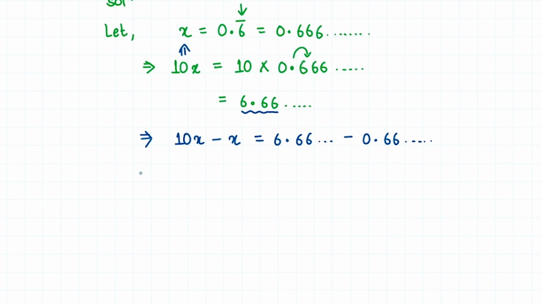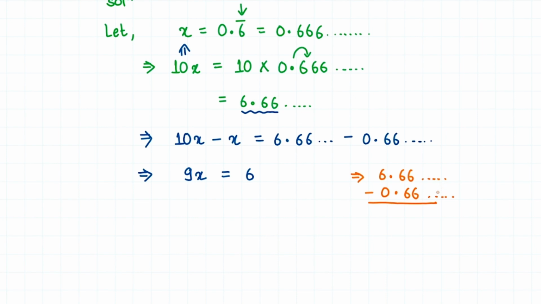When we subtract 10x and x, we get 9x, which is equal to, when we subtract 6.66 and 0.66, just 6. You can also check this in your rough work. We have 6.66 and so on, minus 0.66 and so on.